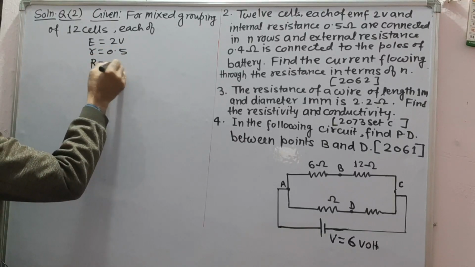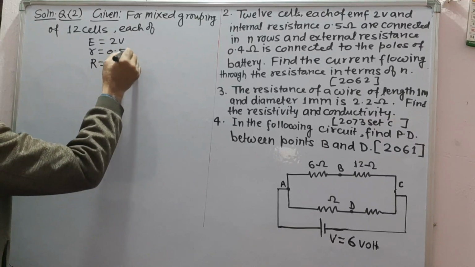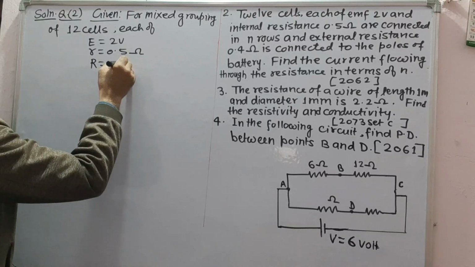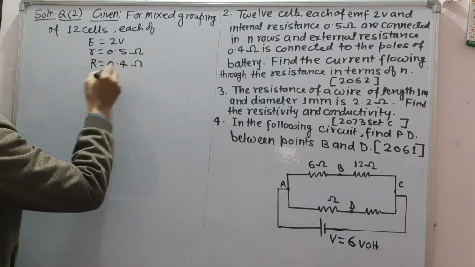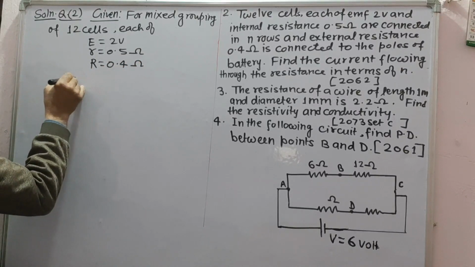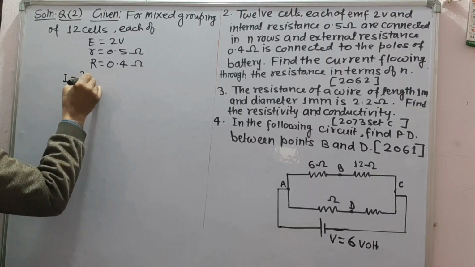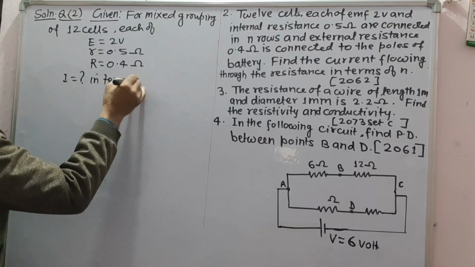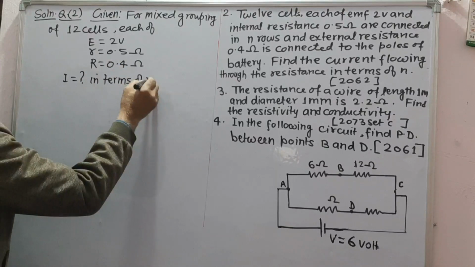Internal resistance is 0.5 ohm. External resistance is 0.4 ohm. We have to find current I in terms of N.